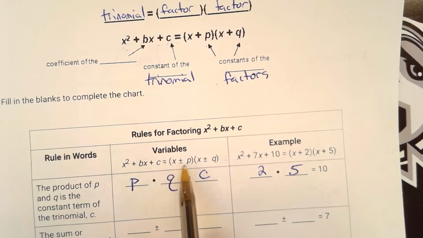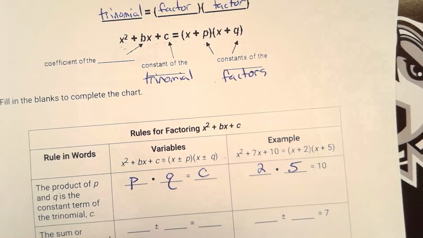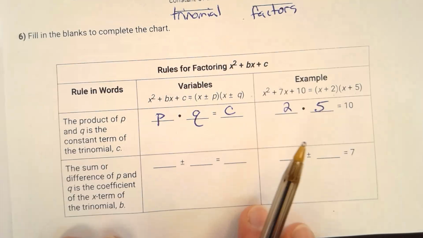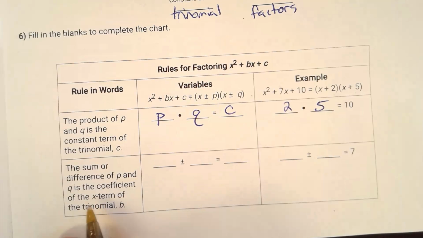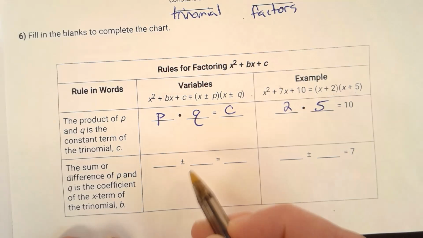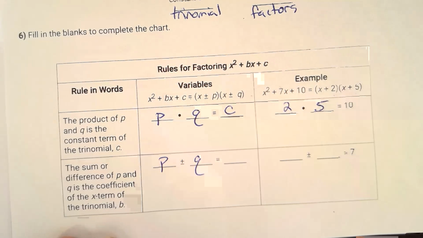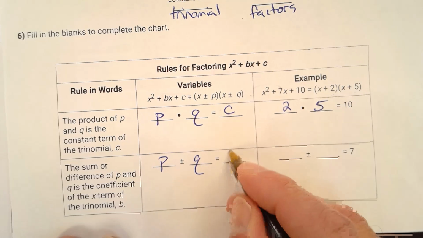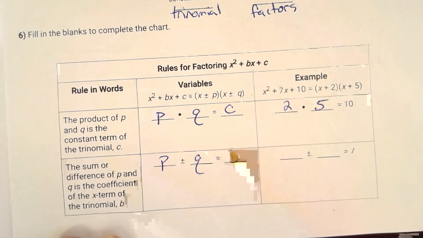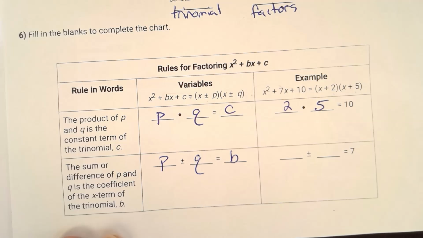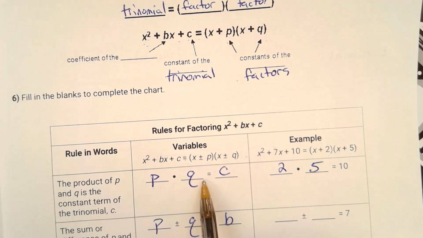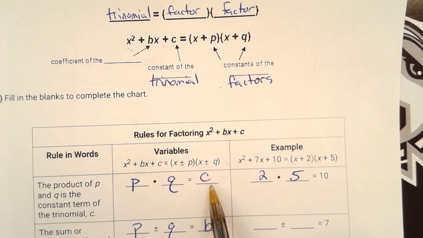So then the sum or difference of P and Q is the coefficient of the x term of the trinomial, B. Okay, so then P plus or minus Q is going to give us B. If you're thinking back to what we were doing with factoring, we would do A times C, and then you would have to think of factors like P and Q that would multiply to give you A times C, and then add to give you B. Okay, so that's what they were just saying.